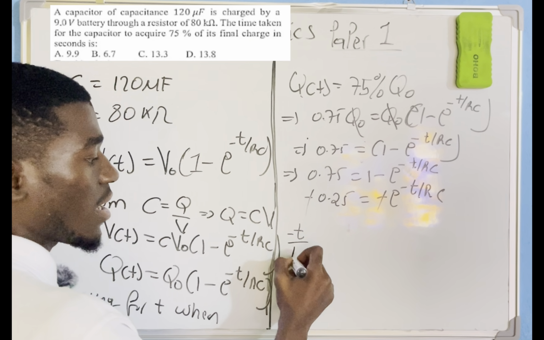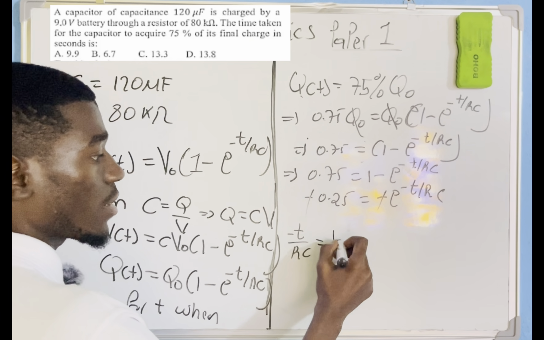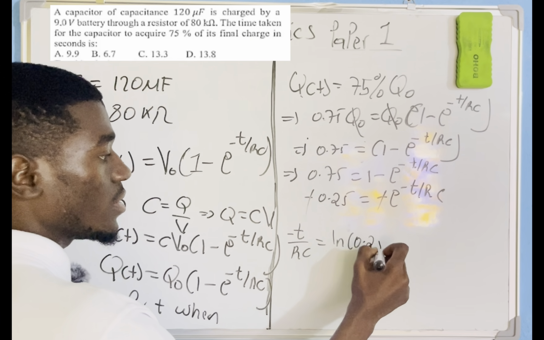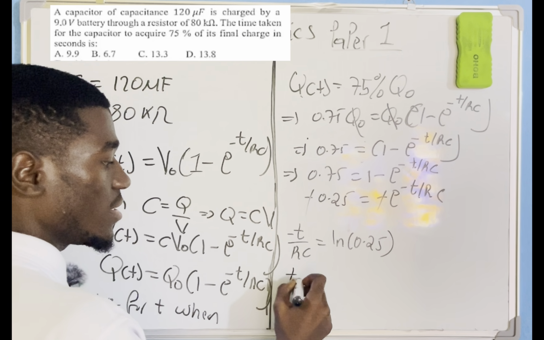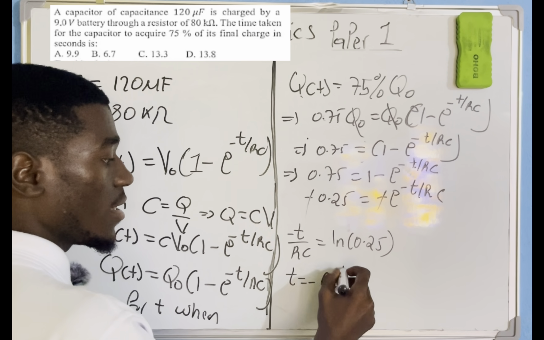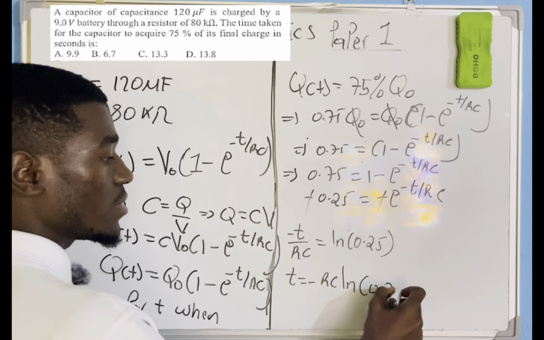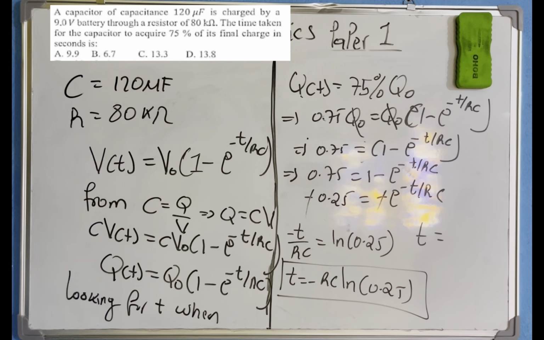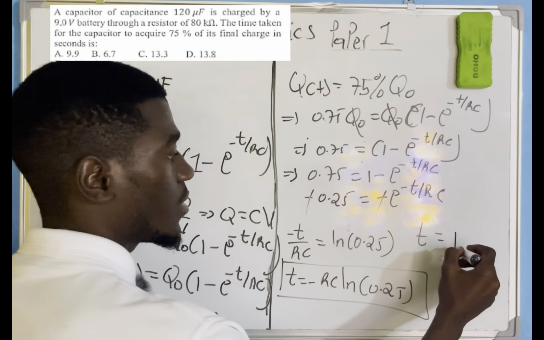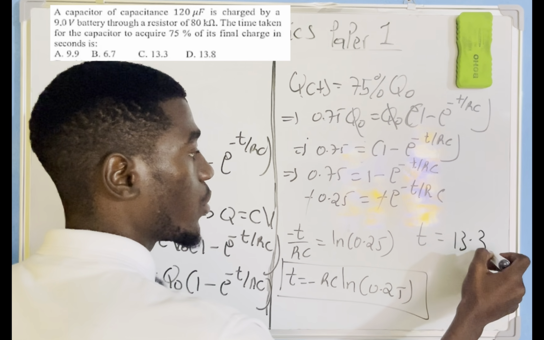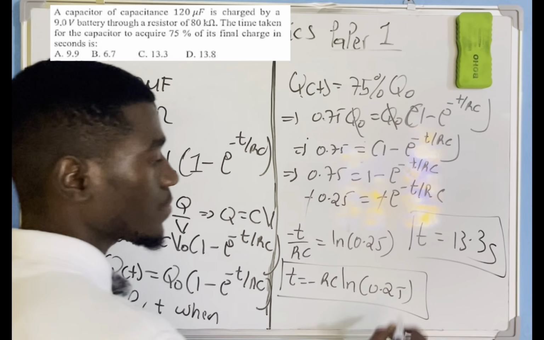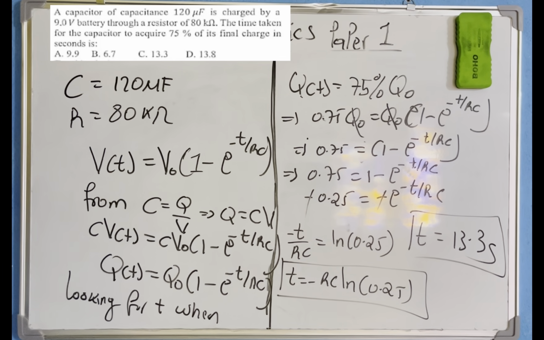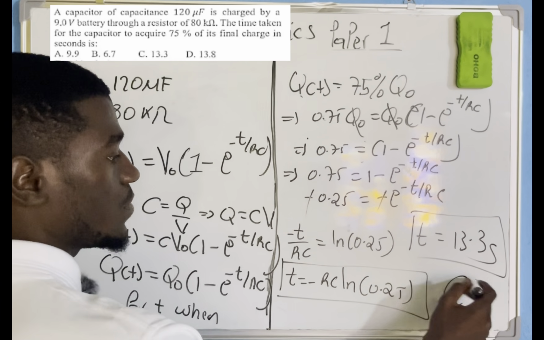I'll have negative t all over RC simply equals ln of 0.25. So t is simply equal to negative RC ln 0.25. So that is the value of t. After the numerical application, we obtain t will be 13.3 seconds, making the correct proposal to be C.